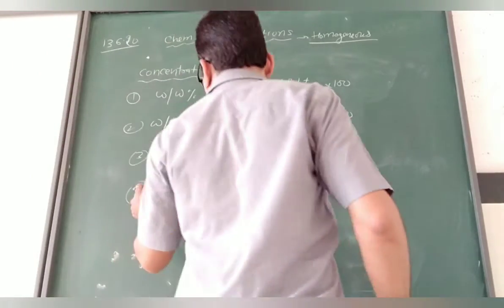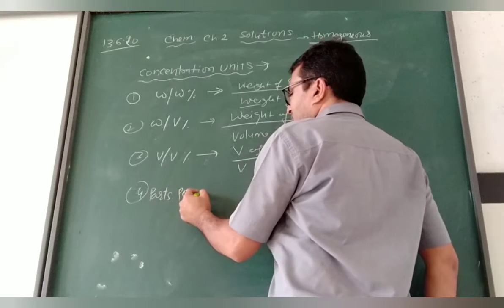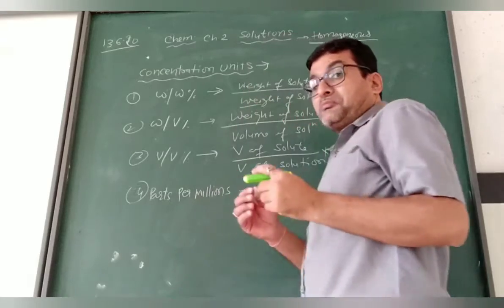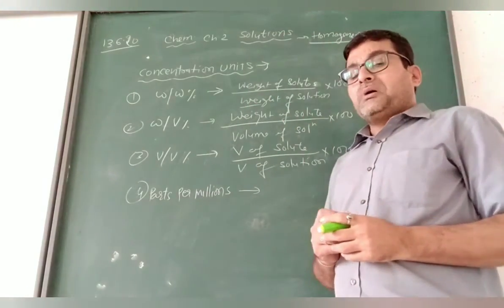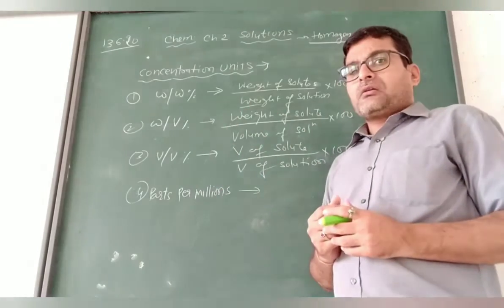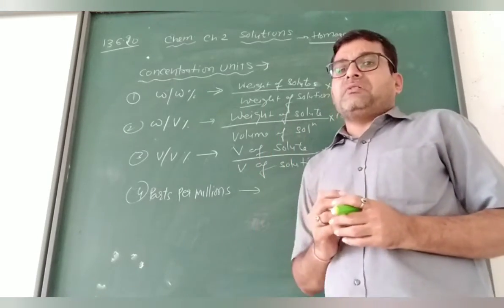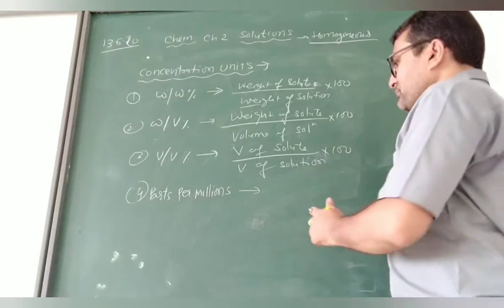We call it parts per million. Normally some of the impurities are in very small amount, but some of the metals are required in the ultra pure condition. Ultra pure condition means even the impurity must not be in the ppm level. So in that we call it parts per million.